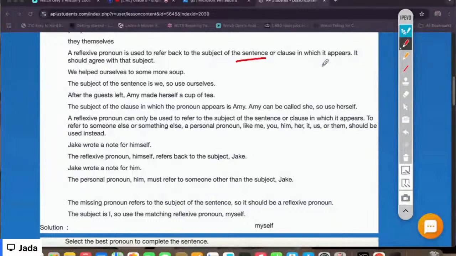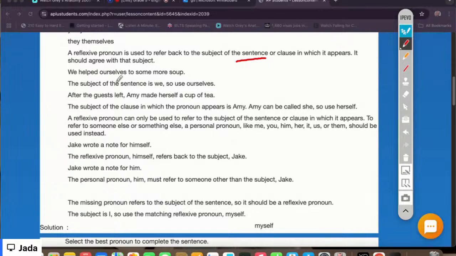It should agree with that subject. So whenever you have a reflexive pronoun, there needs to be an agreement. If there's no agreement, that sentence is incorrect. It's very important to have an agreement between both of them.